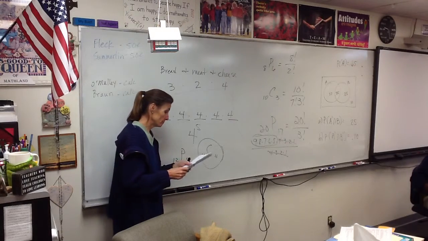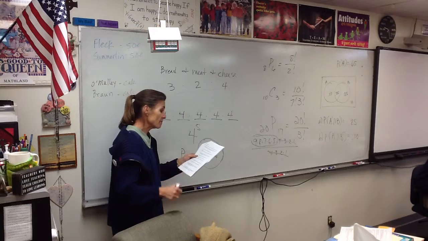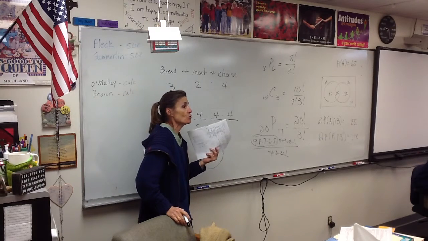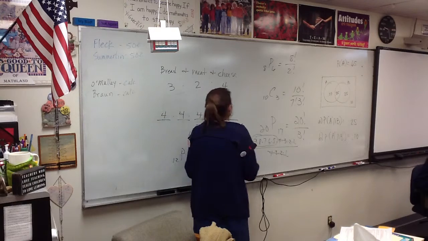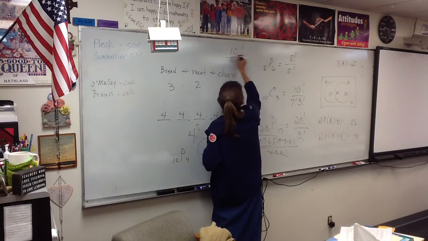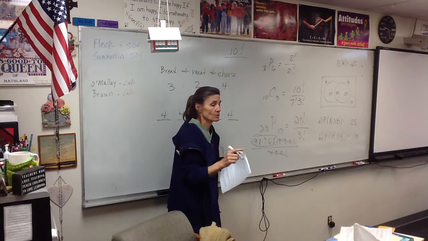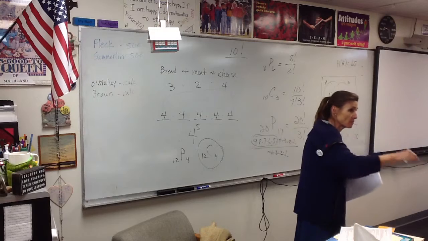Wait, just rewind real quick. How many 10-letter words can be formed from the letters of toothpaste? How do I start? 10 factorial divided by. Okay, wait, stop. Where did you get 10 factorial? Because there's 10 letters. So the first thing we do is count up how many letters we have.